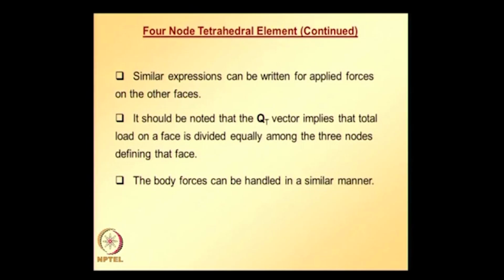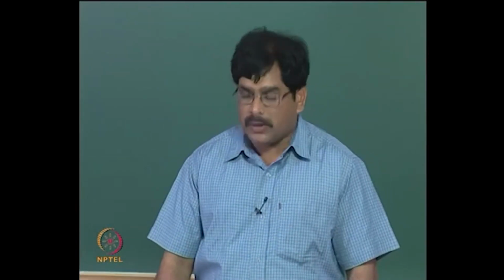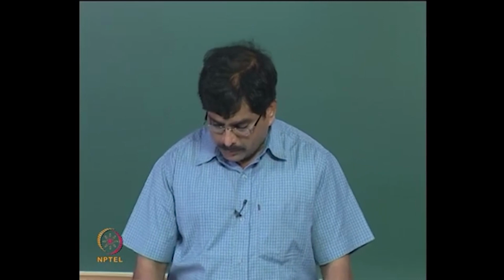To know whether a particular structural component or mechanical component satisfies certain failure criteria or not, we need to know what are called principal stresses, which are different from sigma x, sigma y, sigma z, and all these shear components, that is tau xy, tau yz, tau zx. So now let us look at how to calculate these principal stresses.